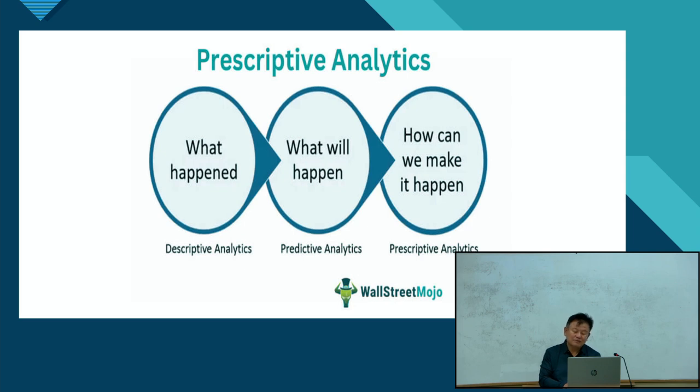Also, what happened? Last week we reviewed that. It belongs to descriptive analysis. But the next step, what will happen, is the future part. This is predictive analysis. And then how can we make it happen? Make the plan.